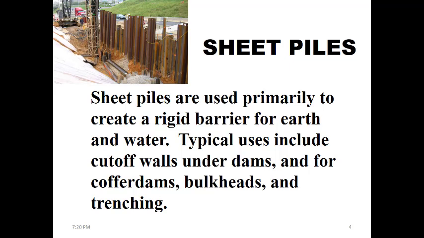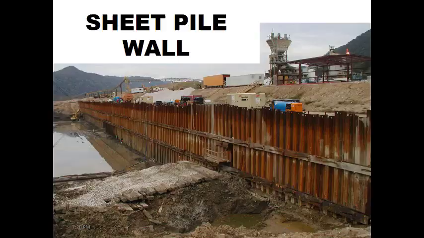The sheet piles will support the loading coming from a horizontal component of the soil, of water, or any other load that we might have. Typically, these are used for dams, cofferdams, bulkheads, and trenching, but the application is very wide.